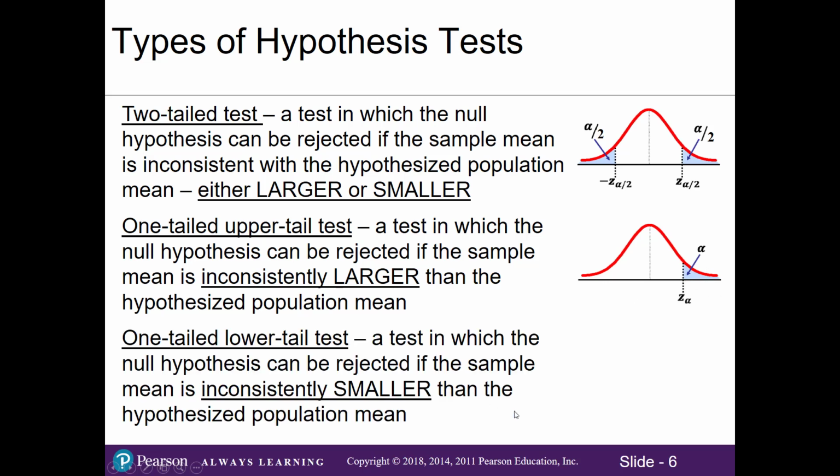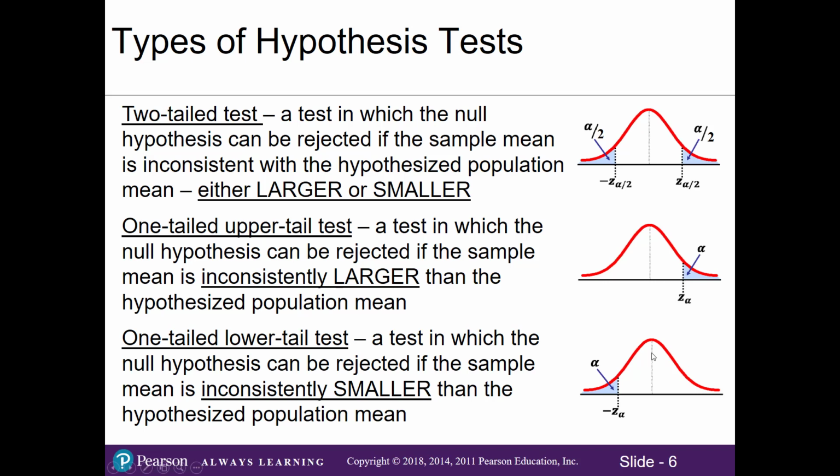Similarly, you could also be working with a one-tailed lower test, where we're testing to see if our null hypothesis will be rejected if our sample mean is much smaller than the hypothesized population mean. So here we can see if my sample mean is much smaller than my hypothesized mean, I'm going to be on this tail, and we would reject the null.